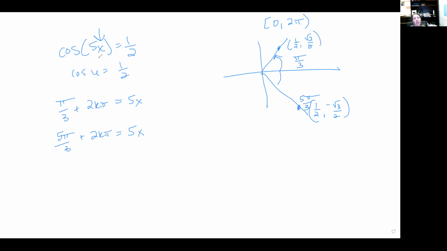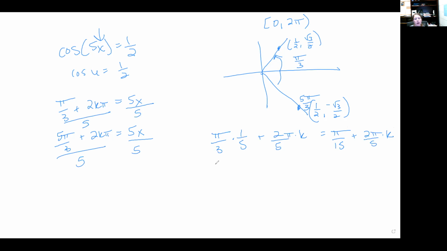So what this means is instead of 2 solutions, you should have 10 solutions, because we're doing 5 times the amount of x. And so all we have to do is divide by 5, divide by 5, divide by 5, divide by 5. So our real solutions here are going to be pi over 3 times 1/5 plus 2 over 5 pi times k, which is really pi over 15 plus 2 pi over 5 times k.